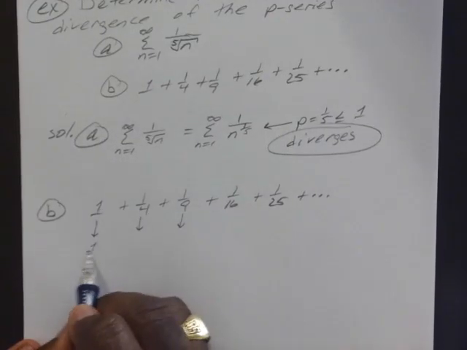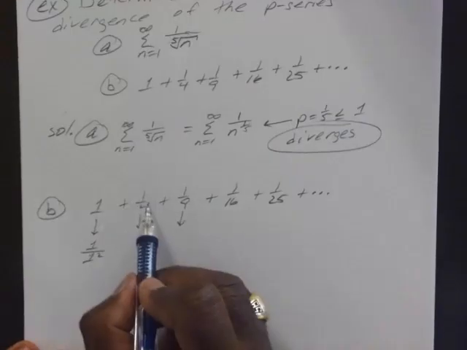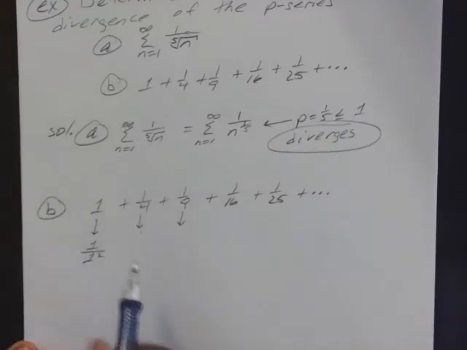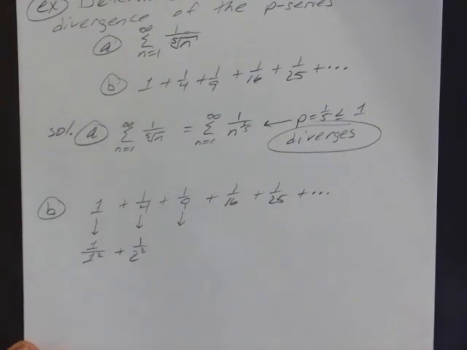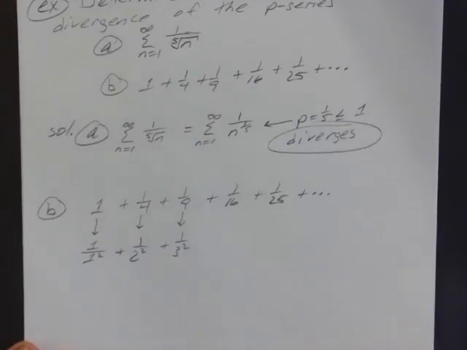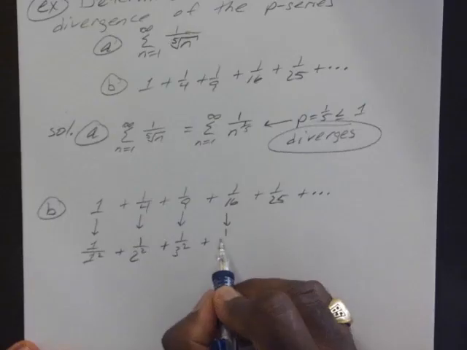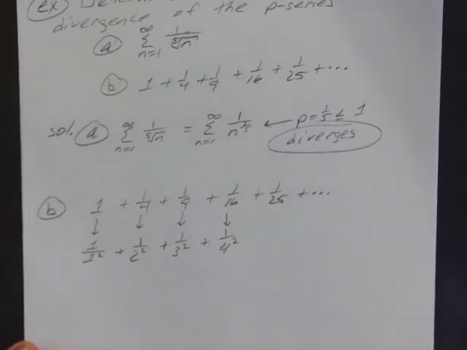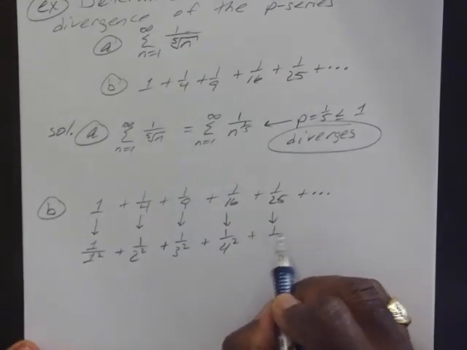So 1, we can rewrite as 1 over 1 squared. 1/4, we can rewrite as 1 over 2 squared. 1/9 is 1 over 3 squared. 1/16 is 1 over 4 squared. And 1/25 is 1 over 5 squared.